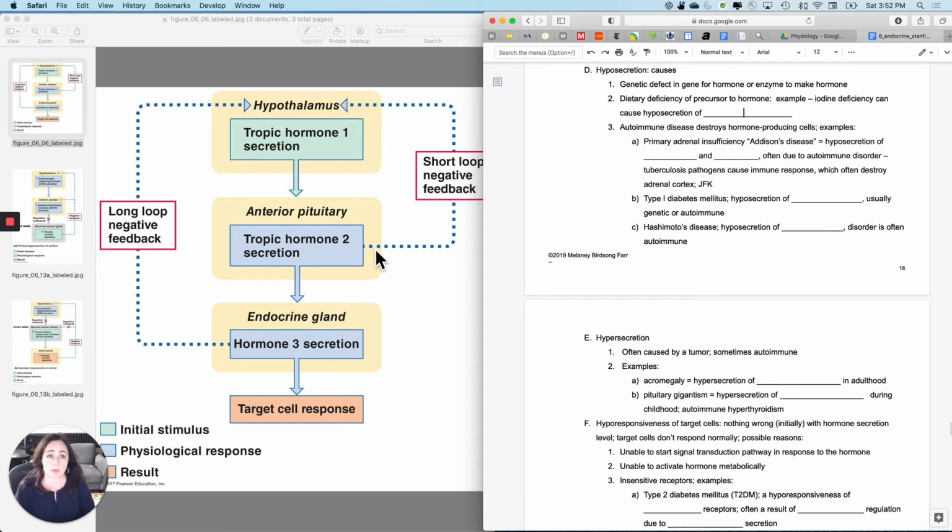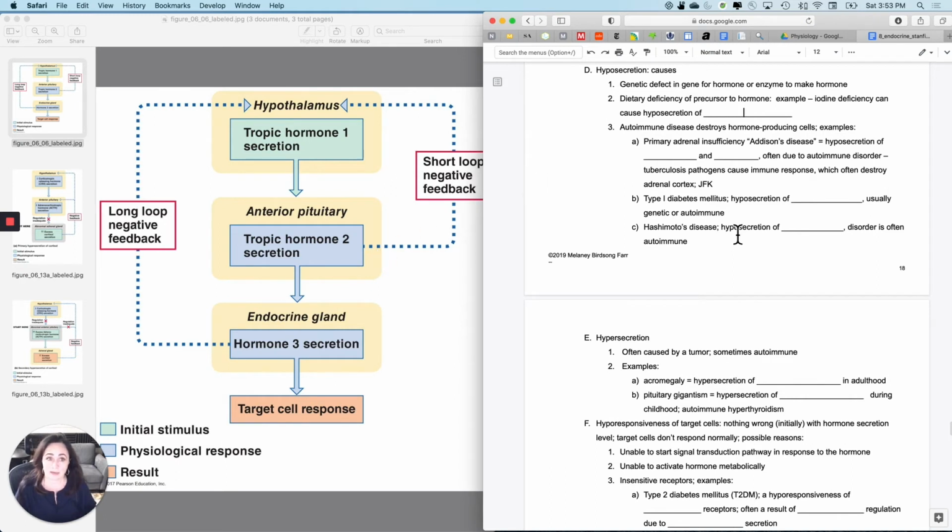It's usually due to an autoimmune disorder. For some reason, tuberculosis pathogens cause an immune response. And then the antibodies produced after a TB exposure, for some reason, make a mistake and start destroying your adrenal cortex. And so a lot of people with Addison's disease were found to have had TB exposure in the past.